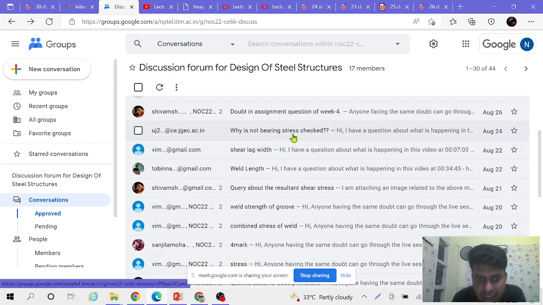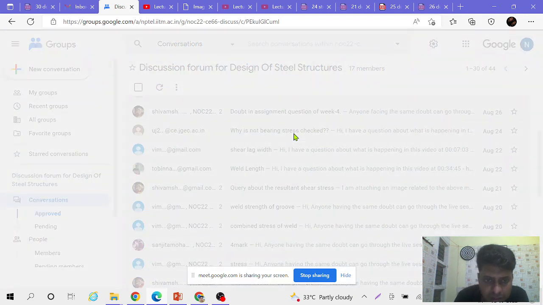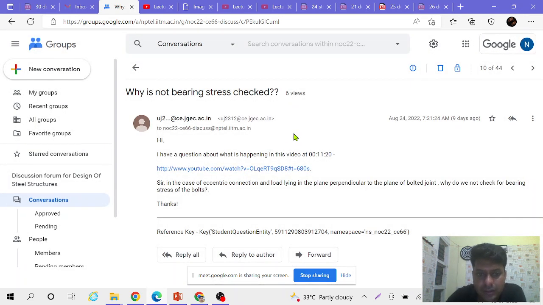Why is bearing stress not checked? Sir, in the case of an eccentric load lying in the plane perpendicular to the plane of the bolted joint, why do we not check for bearing stress of the bolt? Was this question addressed by Mr. Anand? No, sir. Okay, so in my next live session I will try to make a solution of this also.